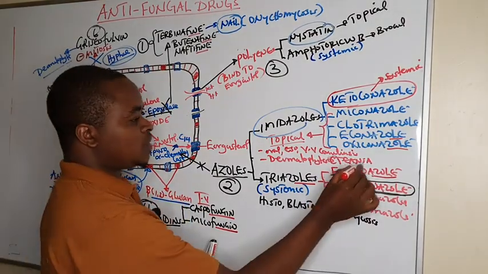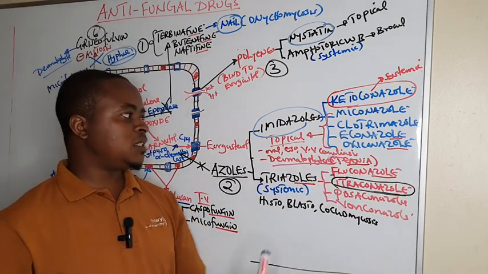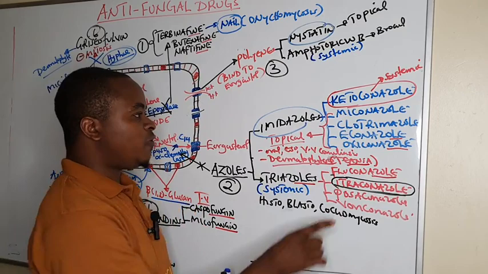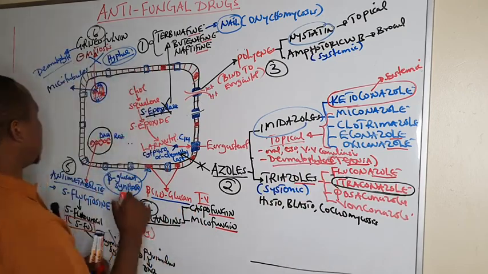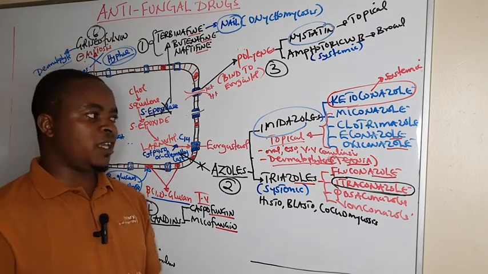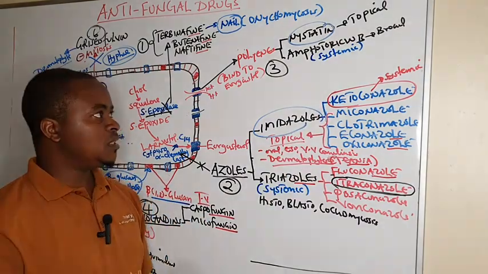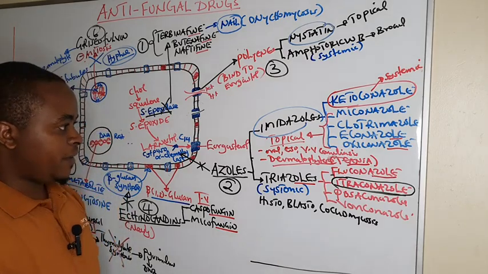So all tinea infections, those are the dermatophytes. We can use these imidazoles. But if the imidazoles fail, we can easily use griseofulvin to treat them. And if they fail, we can use broad spectrum drugs like amphotericin B to clear them, or terbinafine.